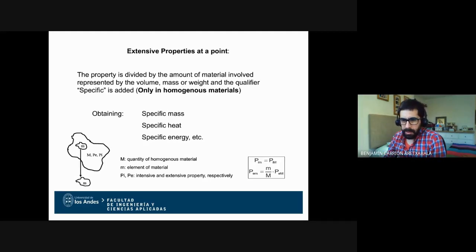Okay, and porosity, wouldn't porosity be an extensive property since it doesn't depend on the amount of volume? Yes, it is an extensive property. The point that I was trying to make with the example is that you need to overpass a specific scale.